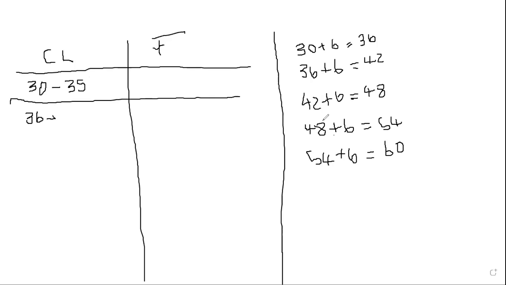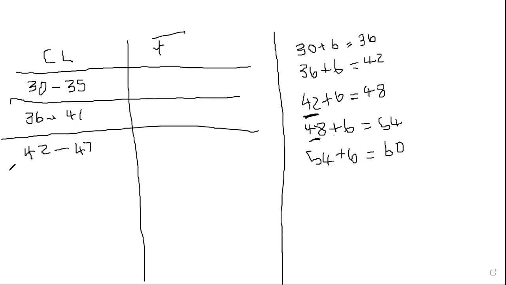Since my next lower limit for the next class is 42, I cannot say up until 42. I must look at the value before, which is 41. Then you go to the next, and you start with 42. Then you check your next lower limit, which is 48, meaning here I will end with 47.